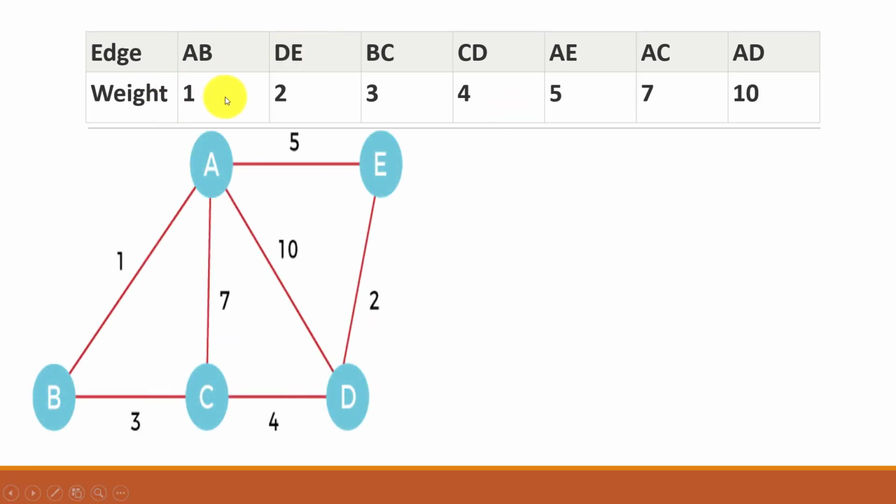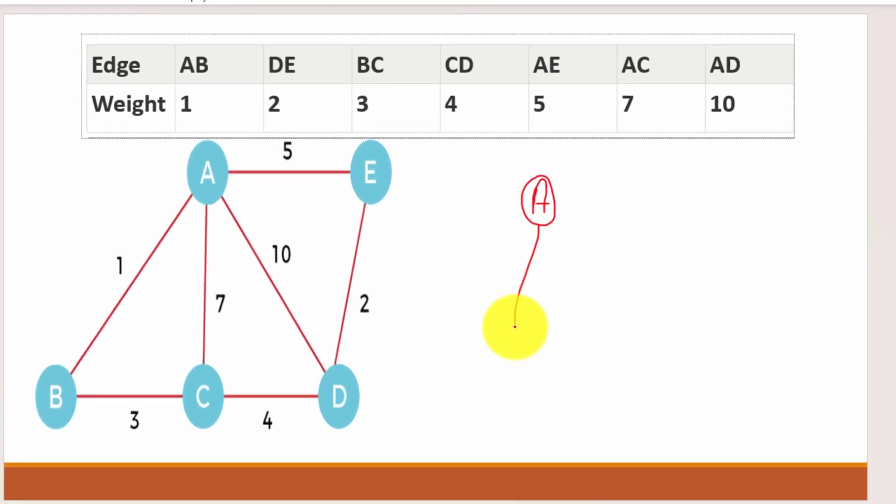Now you can observe in this table that AB is the very smallest weighted edge, so I am going to select AB first. AB is the shortest edge in this graph, having weight 1.